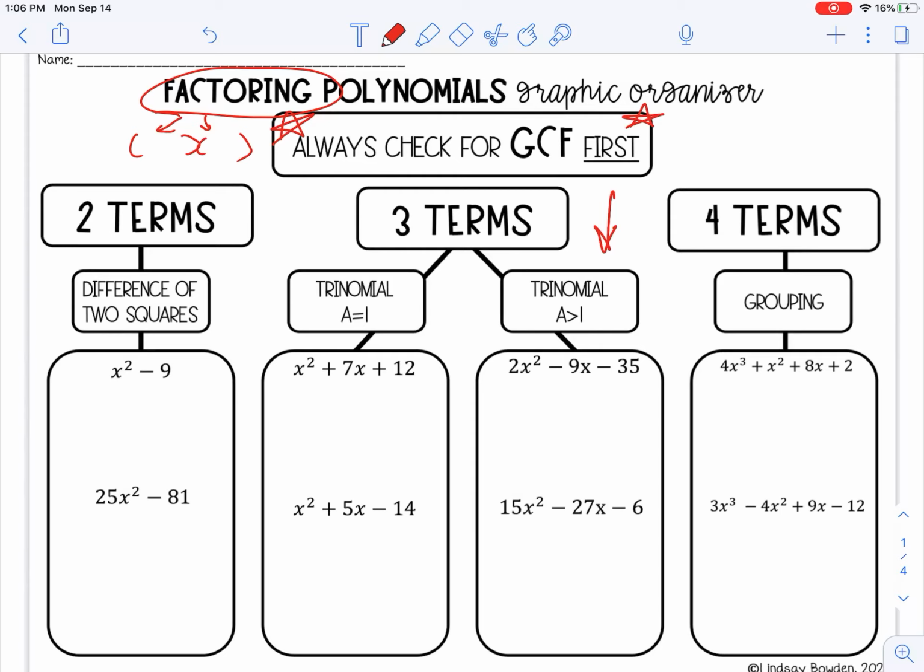And today we're going to look at what happens when we have a trinomial where a is not 1. Anything else in front of the a where it's not equal to 1.